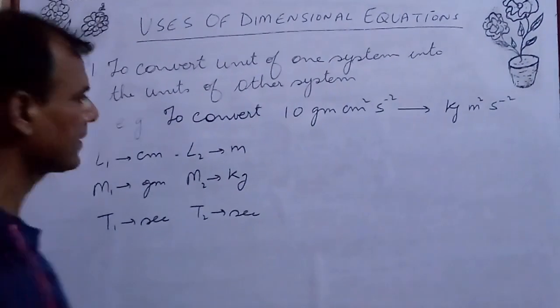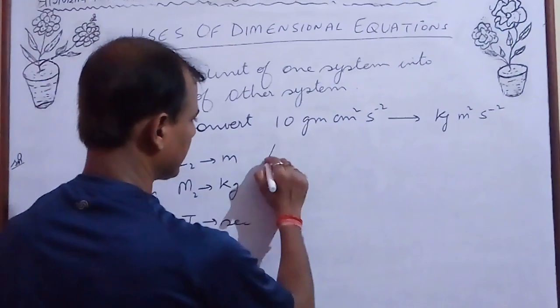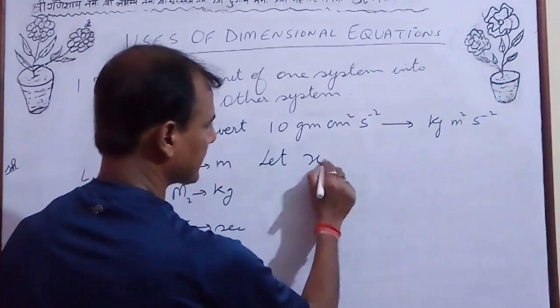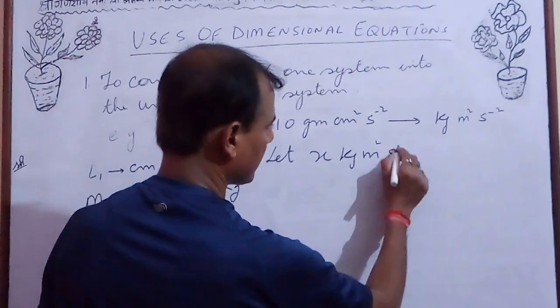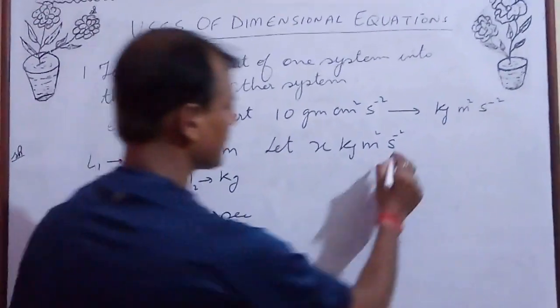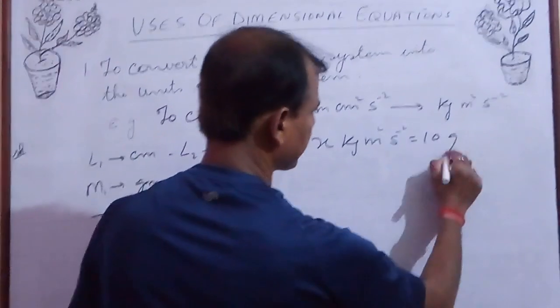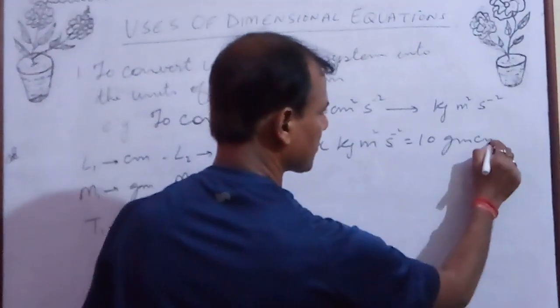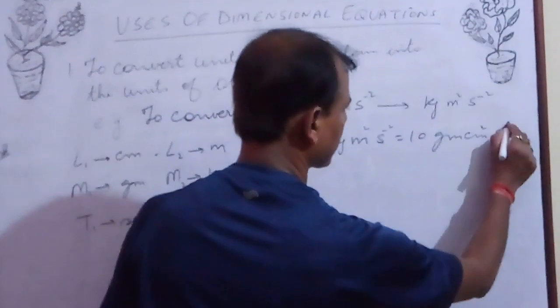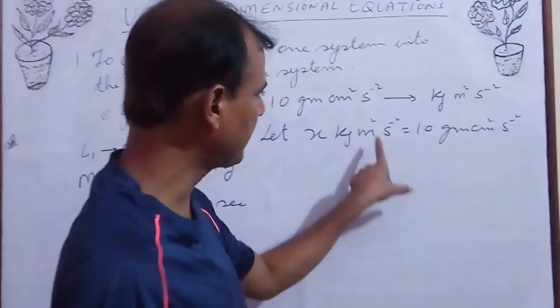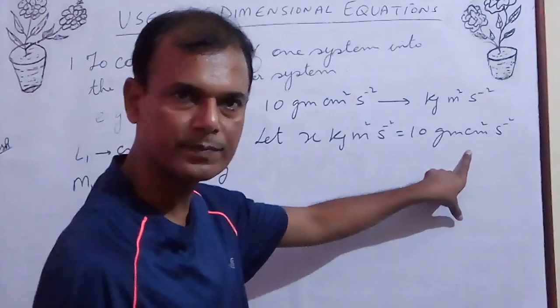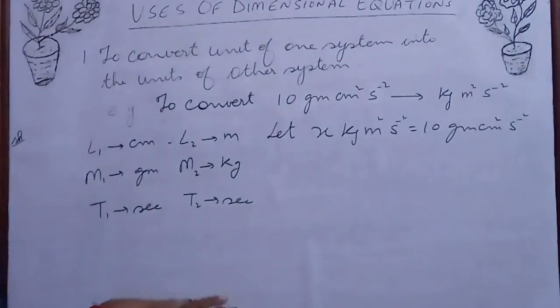The first step we write: let x kilogram meter square per second square be equal to 10 gram centimeter square per second square. This is the first step. Now we write its dimensional formula.